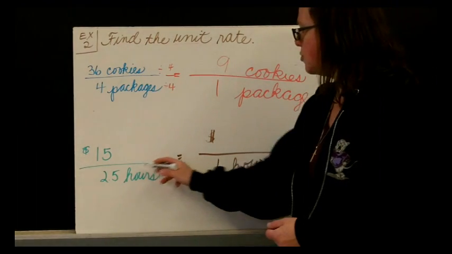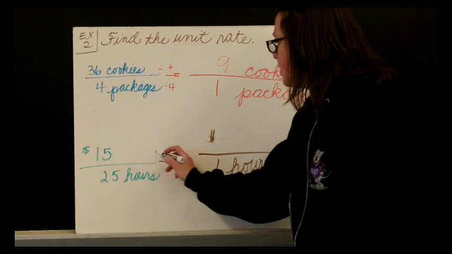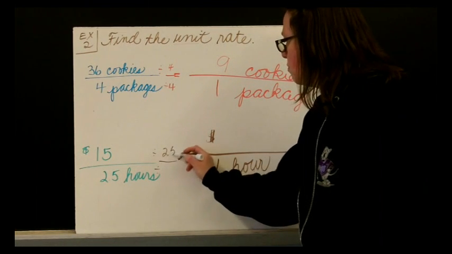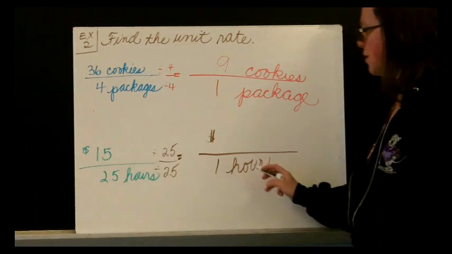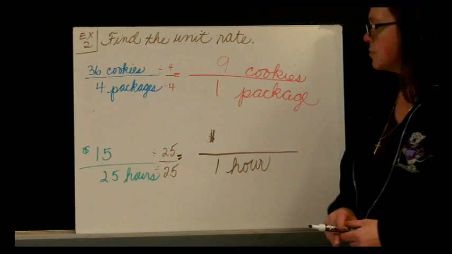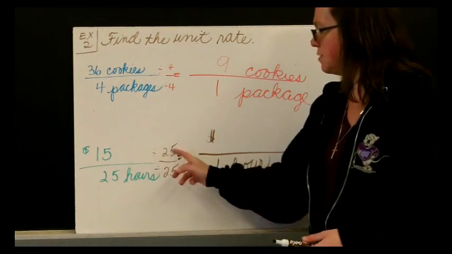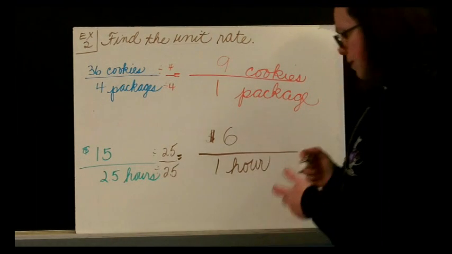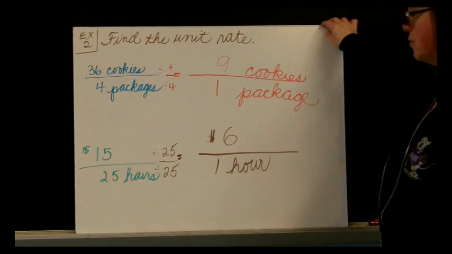Well, to go from 2.5 to 1, we are going to be dividing by 2.5. 2.5 divided by 2.5 is 1. And then what you'll do is you'll do your long division, 15 divided by 2.5. And you'll find that the unit rate is $6 in 1 hour.